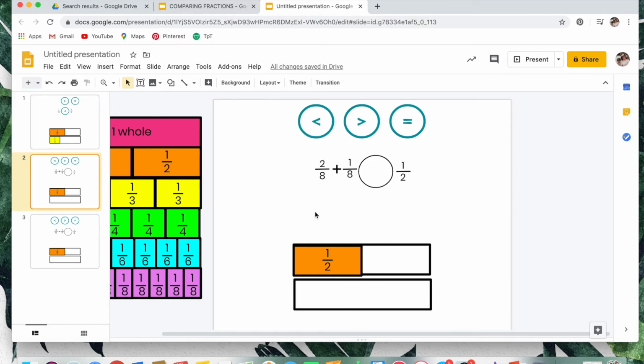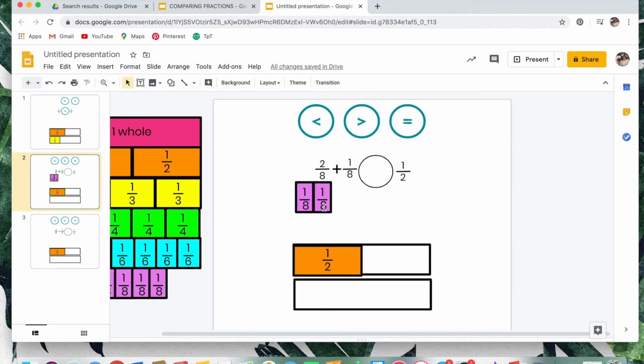In our second comparison, we're adding fractions. So again, I'm comparing this equation to 1/2. But first I'm going to have to see how much that equation is worth. So I see here that I have 2/8 plus 1/8. I know that 2/8 represents 2 of the 1/8 fraction tiles. So just for now, I'm going to pull 2/8 up to represent this part of the equation.